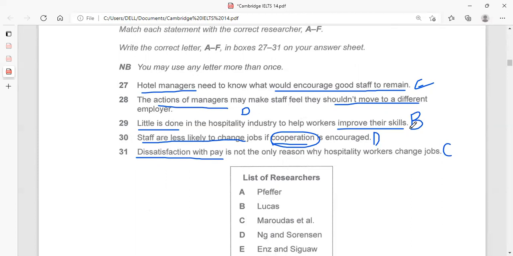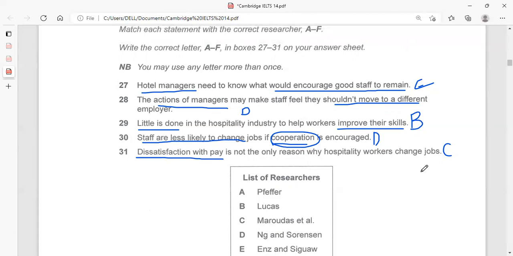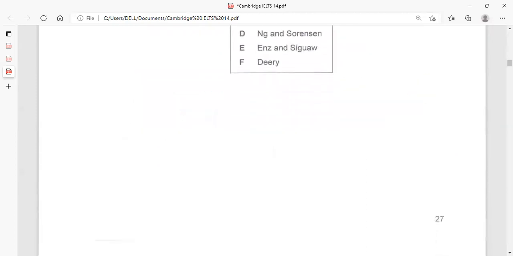But after you locate the piece of information in the para and the passage, to find the answer you have to read that portion and match its meaning with the meaning of the statements. Like Shiva just said, better skills. No, the question is not asking about hiring better skills and competencies. It's saying that little is done to help workers improve their skills. So that's the idea. All right, moving on.